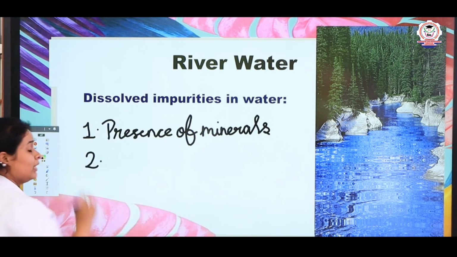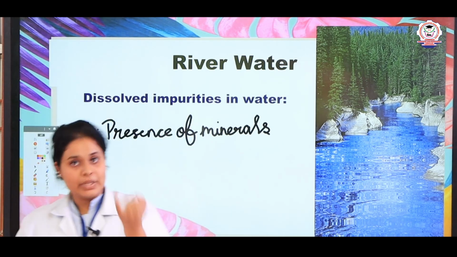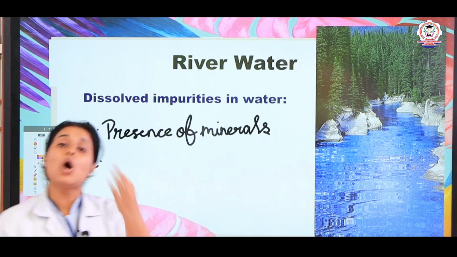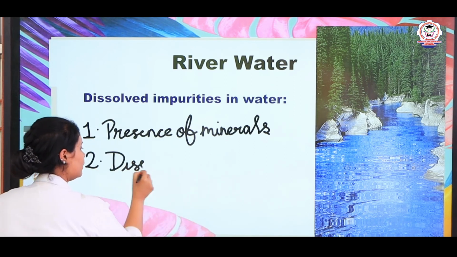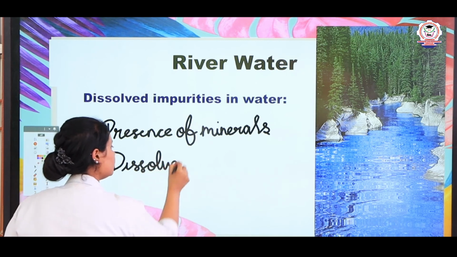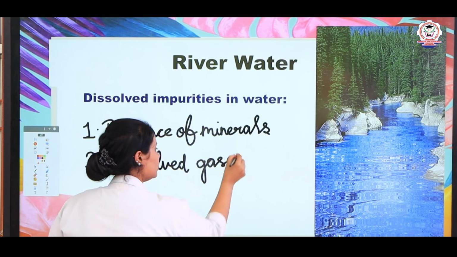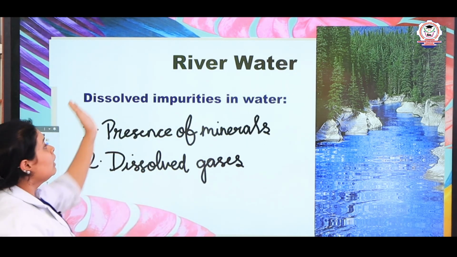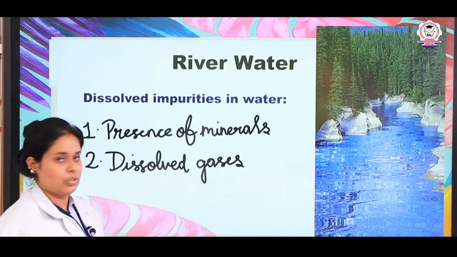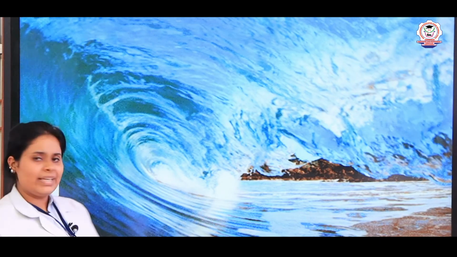And the second one is due to the presence of dissolved gases inside it, like carbon dioxide, nitrogen gas, oxygen gas. Okay. So these are dissolved gases. These are the two main reasons why we have dissolved impurities inside the water. Okay children? Yes.